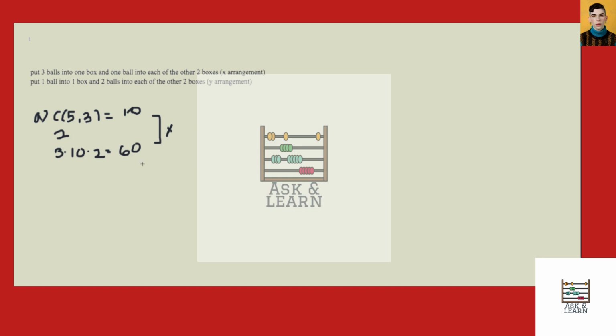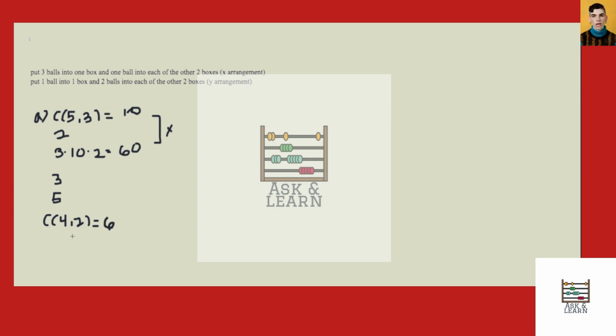For the Y arrangement, there's 3 ways to choose the box with 1 ball. There's 5 ways to choose which ball goes in. And there's C of 4, 2, which is 6 ways to decide which 2 balls go into the lower numbered remaining box.